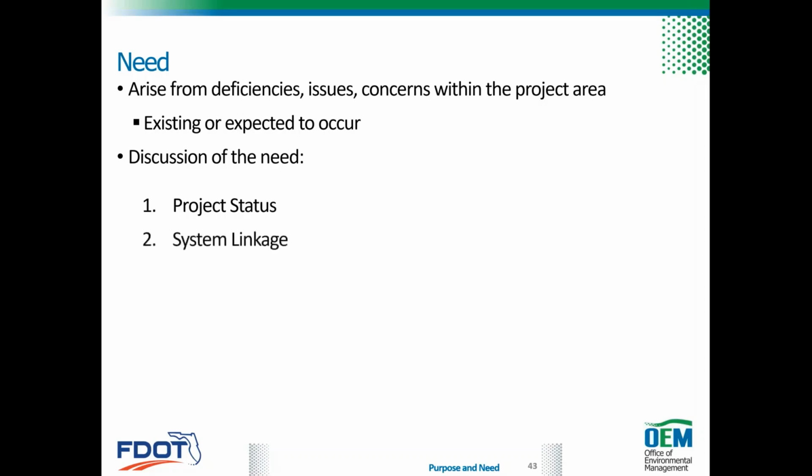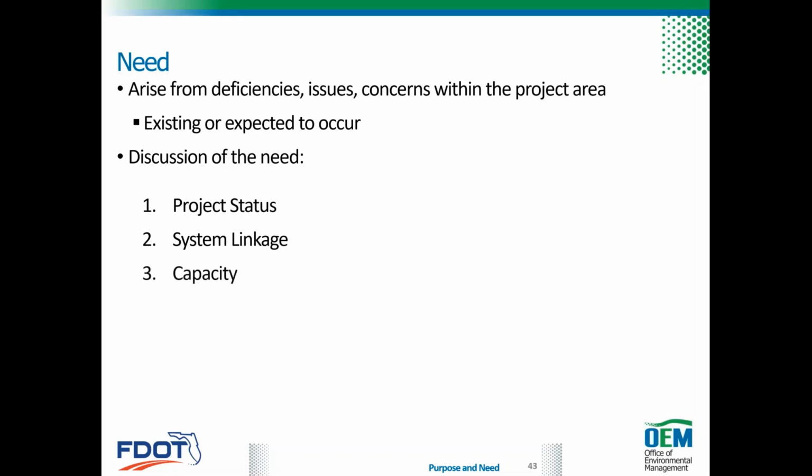Then there's the system linkage. Should discuss how the proposed project fits into the existing and future local, regional, and state transportation system, and contributes to the movement of people, goods, and services. Also should discuss how the proposed project contributes to the multimodal transportation network. And capacity.